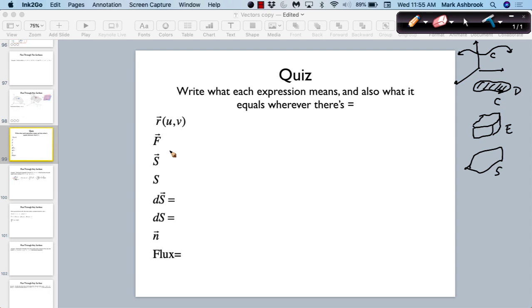What is the S vector? It's an area vector. Its magnitude is the area of the surface, and its direction is normal to the surface, and that can change. If it's a curved surface, the normal will change.